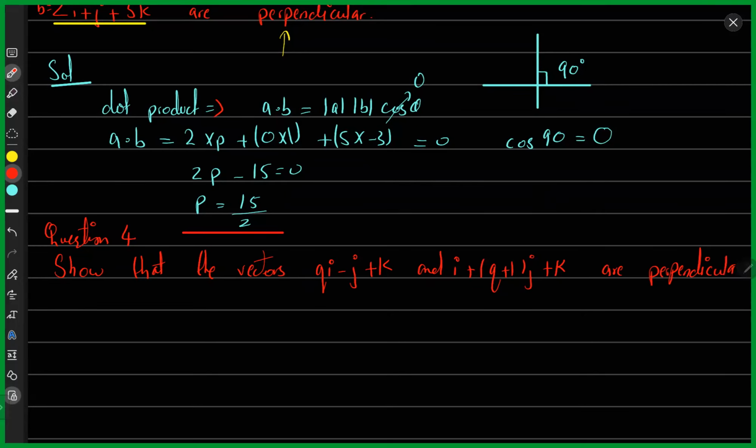Okay, so let's solve this. Now we need to prove that this vector and this vector, these two vectors are perpendicular.